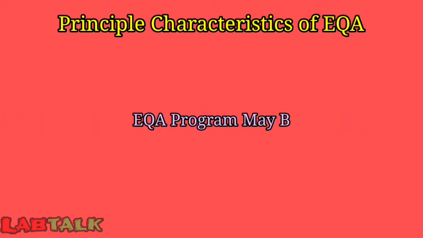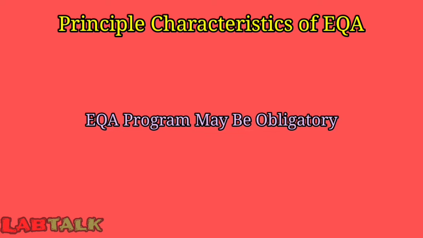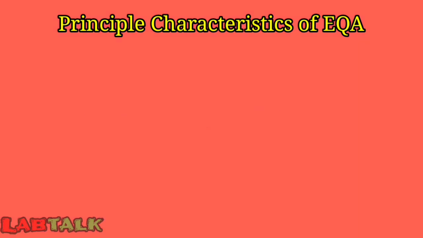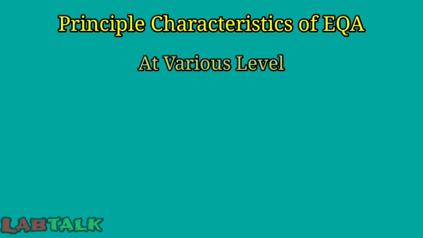Some IQA programs are obligatory, either required by an accrediting body or by law. Others are voluntary, and the quality manager may choose to voluntarily participate in an IQA program to achieve improvement in the quality of the laboratory's performance. The IQA program can be organized at different levels: regional, national, or international.